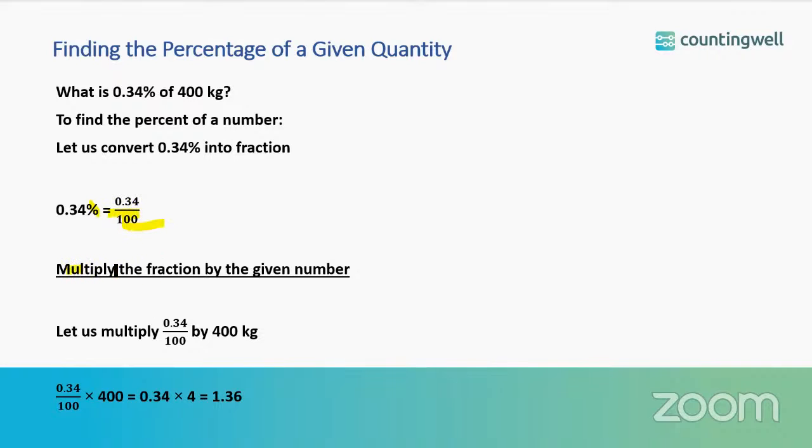Now you have to multiply the fraction by the given number. So 0.34 upon 100 multiplied by 400. This will give you 0.34 into 4. So it will be 1.36. So 0.34 percent of 400 kg is 1.36 kg. Correct?